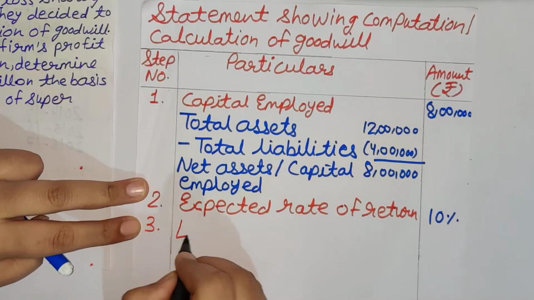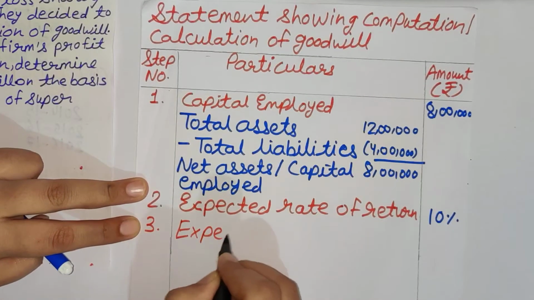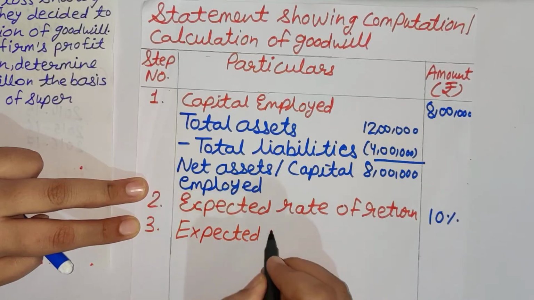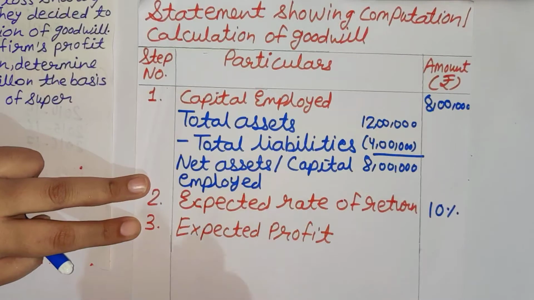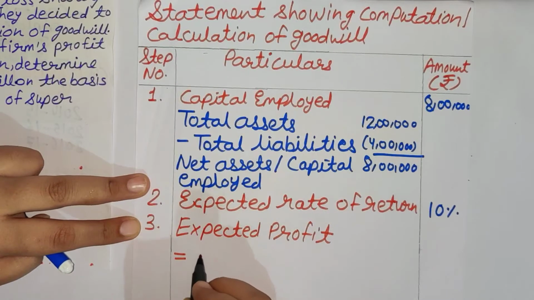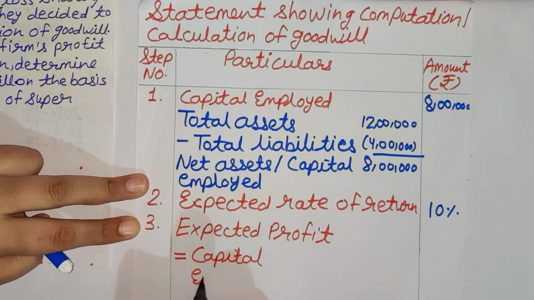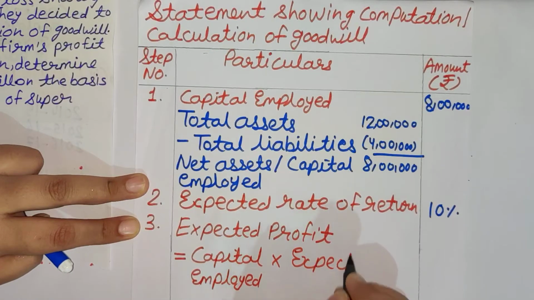Third step is to find out the expected profit. If we want to find the expected profit, then we have to write one formula. What is the formula? Capital employed multiplied with the expected rate of return.